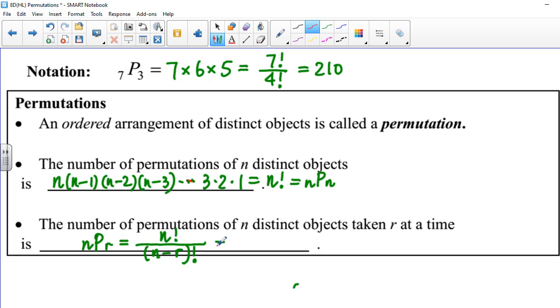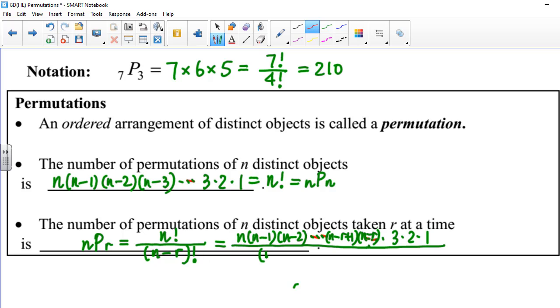Based on the factorial knowledge, I can change this to n times n minus 1 times n minus 2 times all the way to 3, 2, 1. But before that, I should have n minus r plus 1. Then n minus r in the multiplication. And look at the denominator, n minus r.